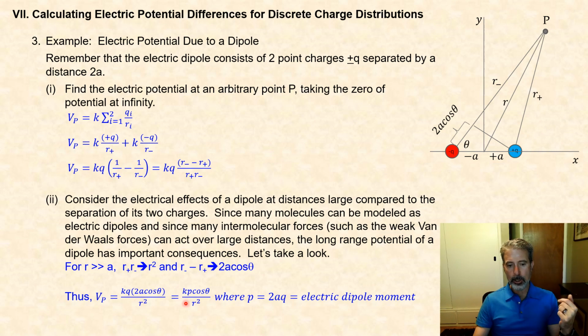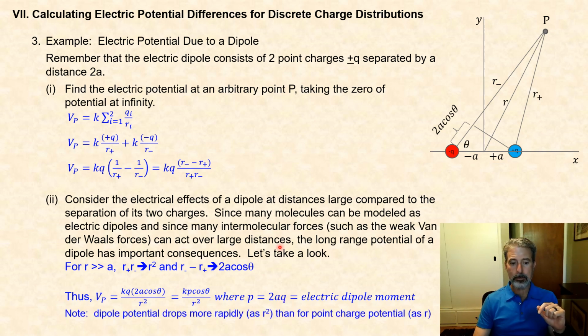I'm going to combine 2aq and call it P. That is what we call the electric dipole moment. We're going to return to this later this semester, when we talk about electrodynamics, and we'll talk about electric motors. But this is what we mean by the electric dipole moment here.